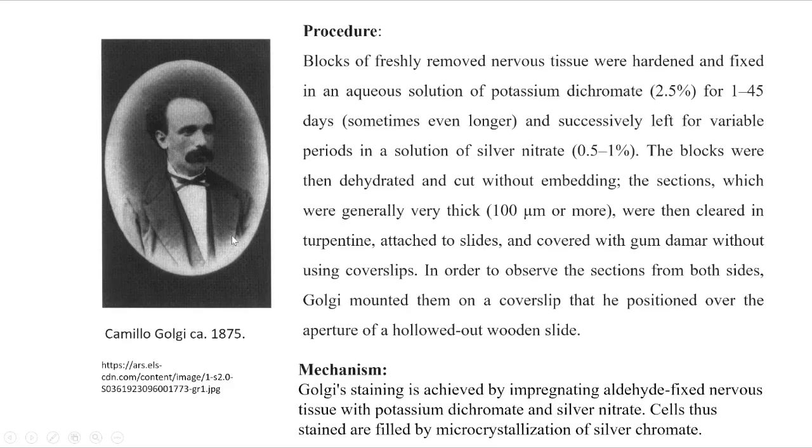Yeah, so this is a portrait of Camillo Golgi. And by the way, remember the reason why Cajal had to make those extremely intricate drawings by hand, because at that time there was no available way of photographing microscopic images.